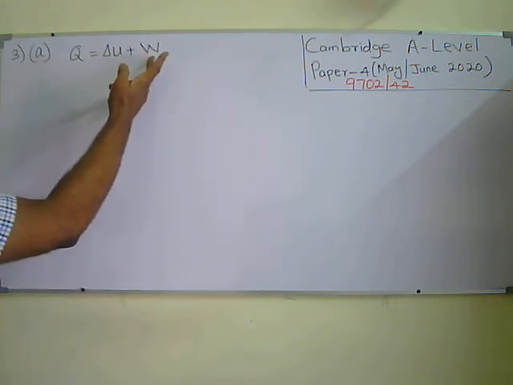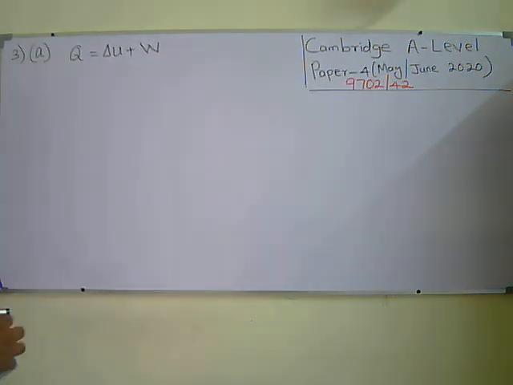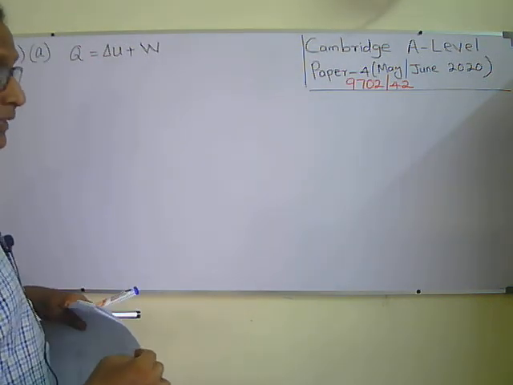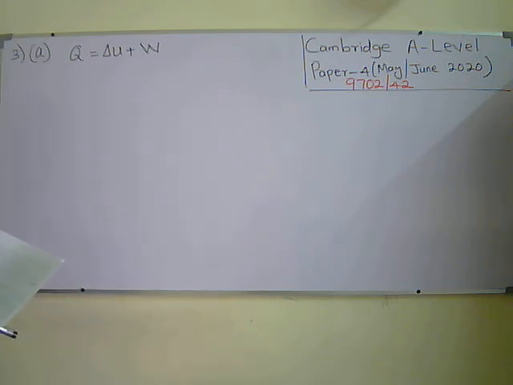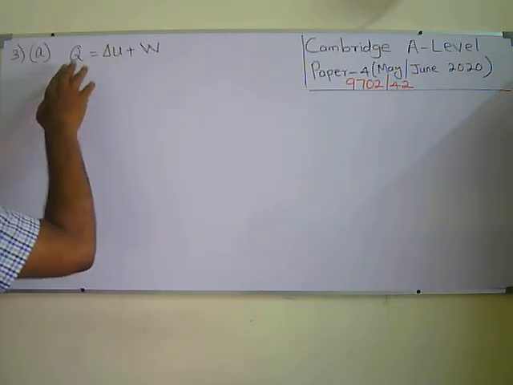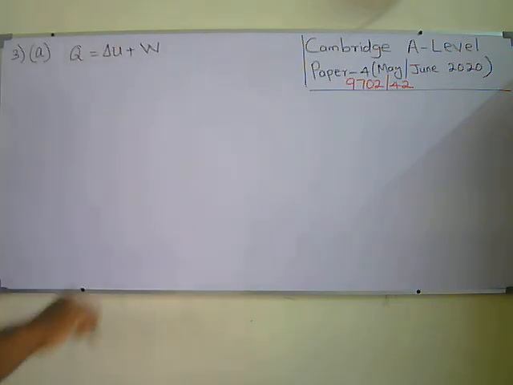If you get a negative answer for W, that means work is done on the system. If delta U is negative, that means a decrease in internal energy. Normally that can be defined in either way. Some books say W is the work done on the system, some say work done by the system.